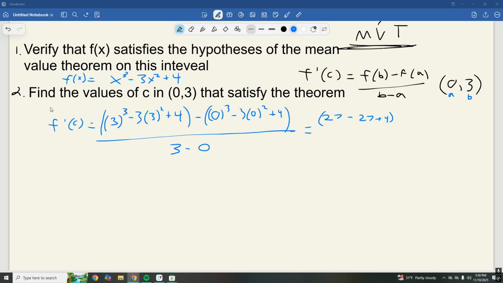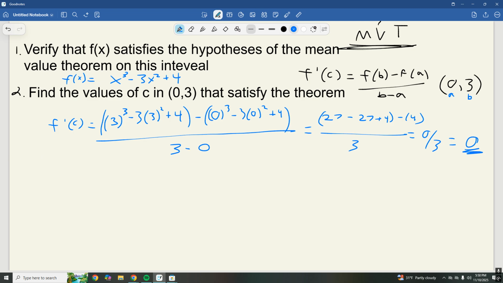So we're going to solve this, and this is going to be just 4 minus 4 over 3. It's going to equal 0 over 3, which makes our answer 0. So our f'(c) is actually 0.